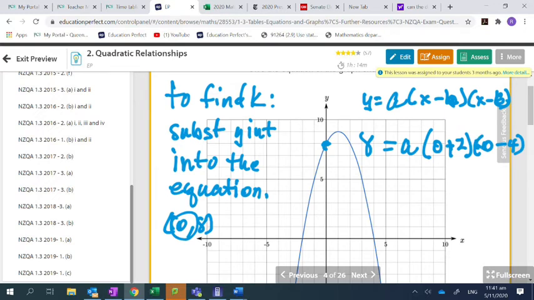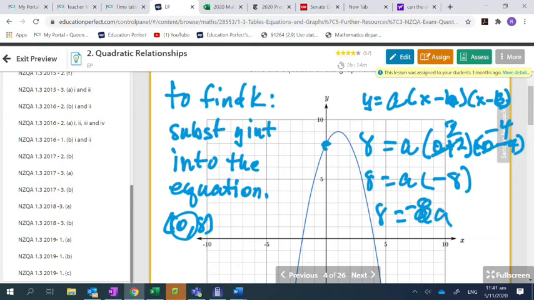And work it out. 8 equals a times 0 plus 2 is 2. 0 minus 4 is negative 4. And 2 times negative 4 is negative 8. Gives you 8 equals negative 8a. Divide both sides by negative 8 to get the a by itself. And that gives you negative 1 equals a. So our a is negative, which we knew because it was opening down.